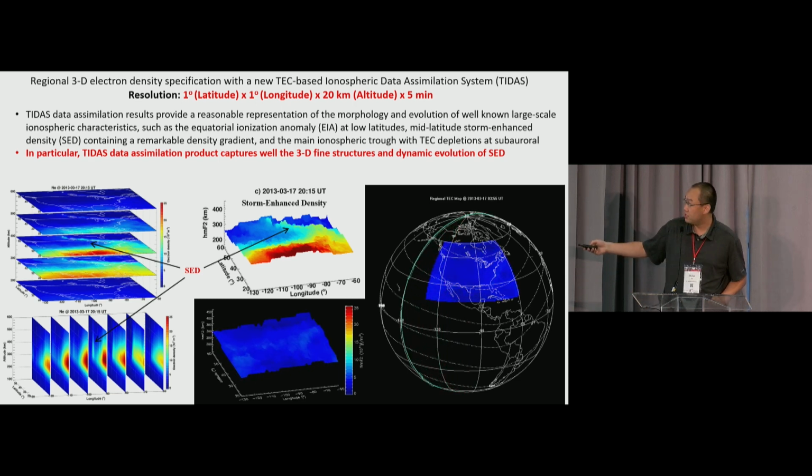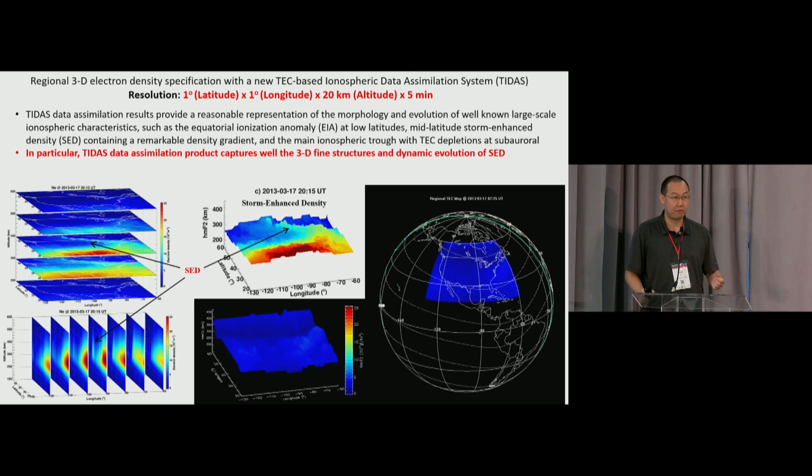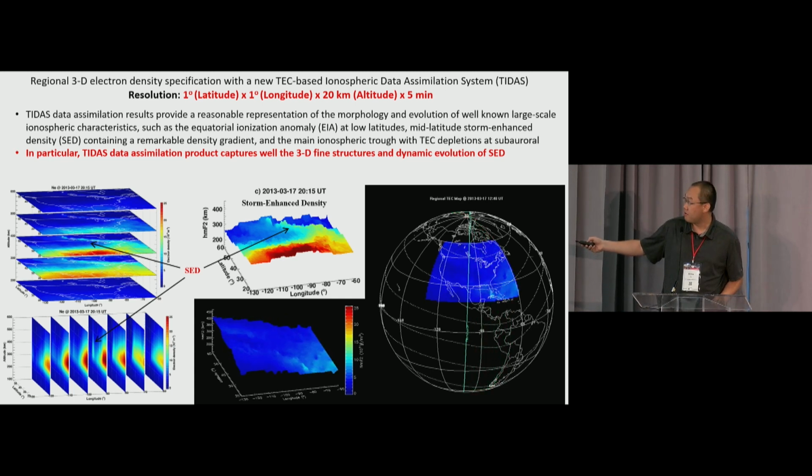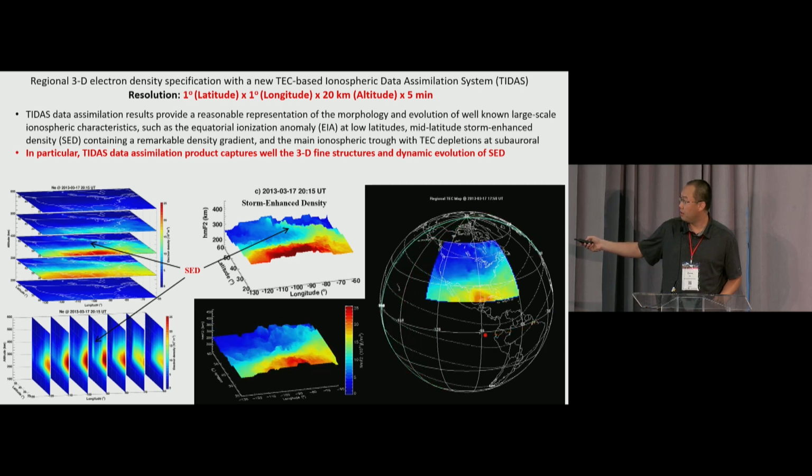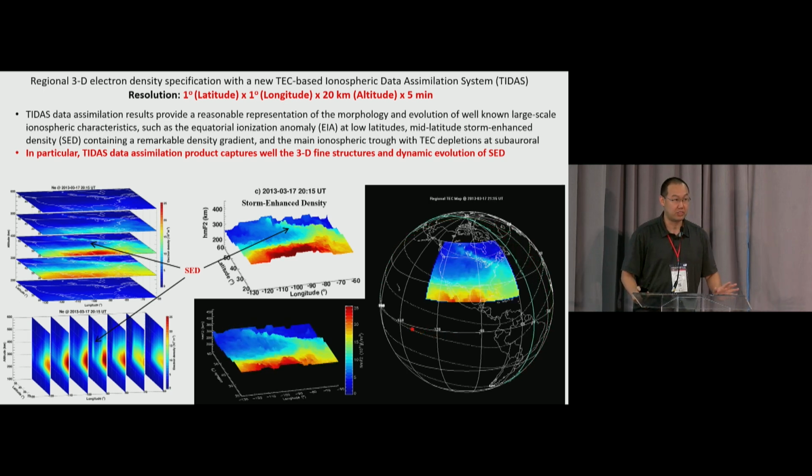So we can see this enhanced density structure, the ridge-like structure that represents the SED plume. We know that it's about 40 to 60 kilometers higher than their adjacent poleward and equatorward counterparts, and they are 30 to 50% larger in density than the adjacent regions.